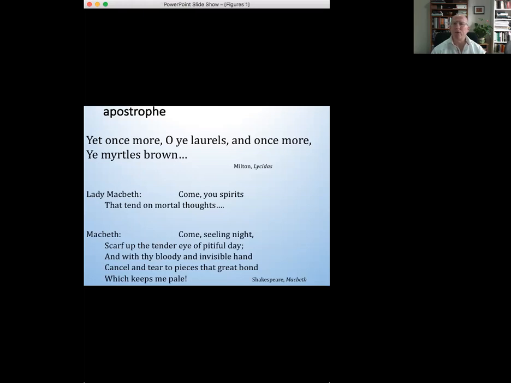And Macbeth, a great apostrophizer: Come, sealing night, scarf up the tender eye of pitiful day, and with thy bloody and invisible hand cancel and tear to pieces that great bond which keeps me pale. Macbeth's typical apostrophe, his turning to the night and addressing it, asking it to make him strong in order to commit the terrible deeds he's going to commit.